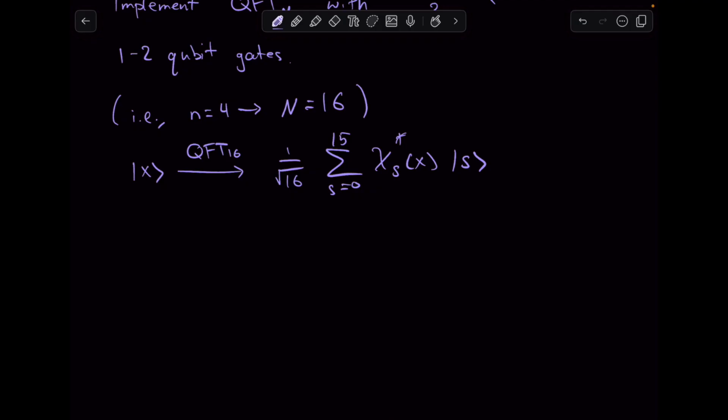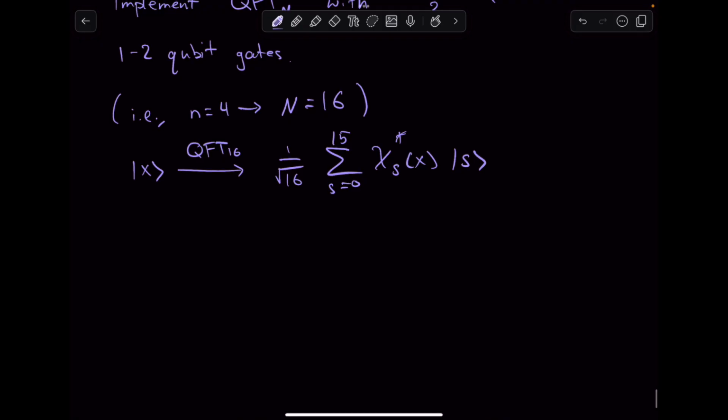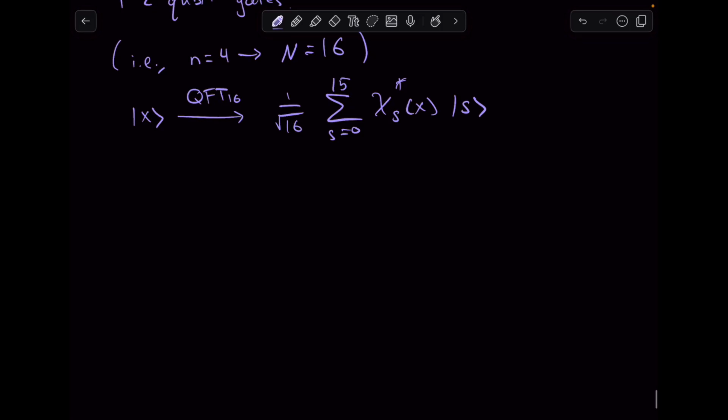And I realize in my notes here, I may have mixed up the inverse quantum Fourier transform and the forward version. It's really not too important, but I guess this is the forward way.